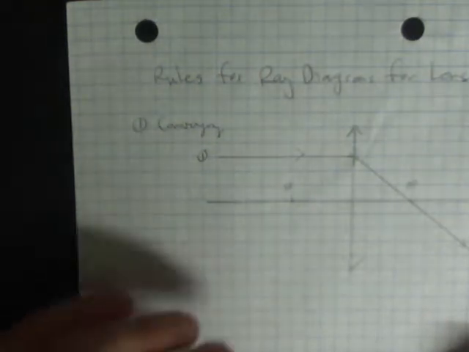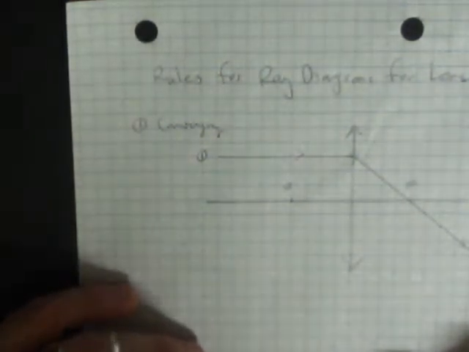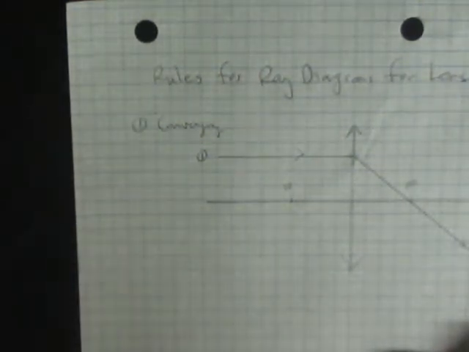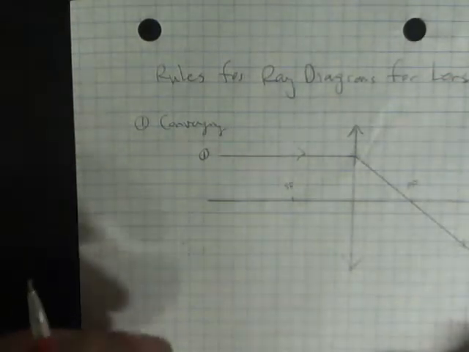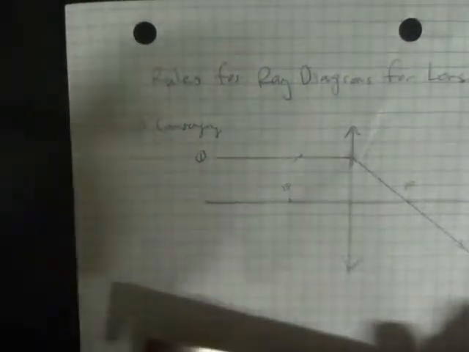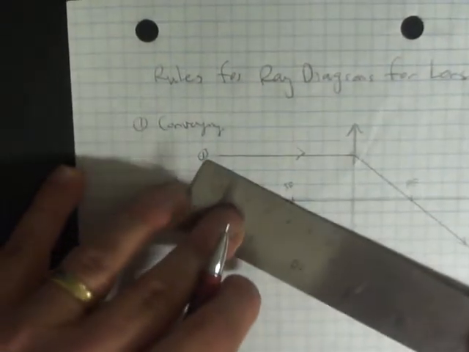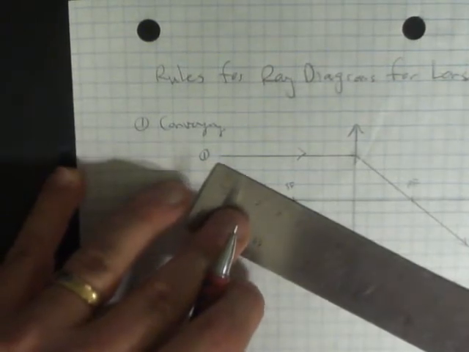Does that make sense? The second rule is kind of like the second rule of the lens, except I've got to send it through the focus first. And it's the secondary focus that comes into play on this one.